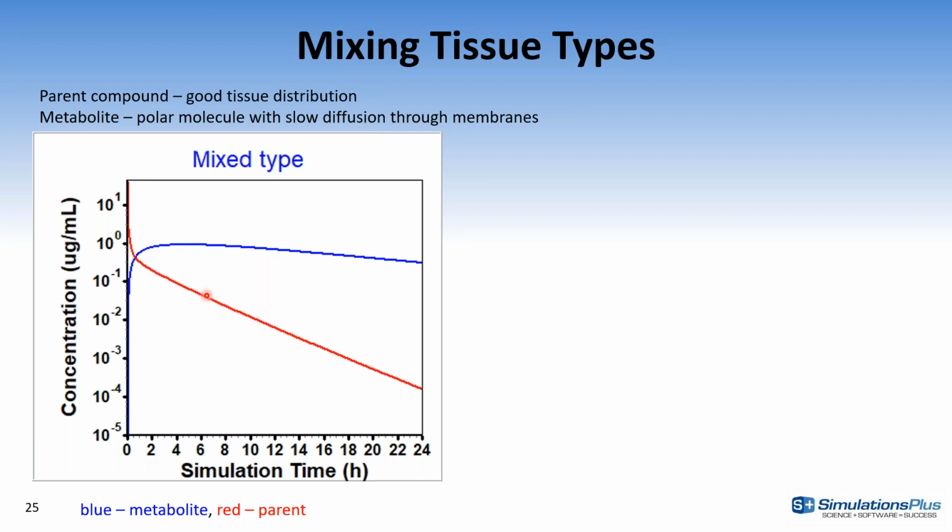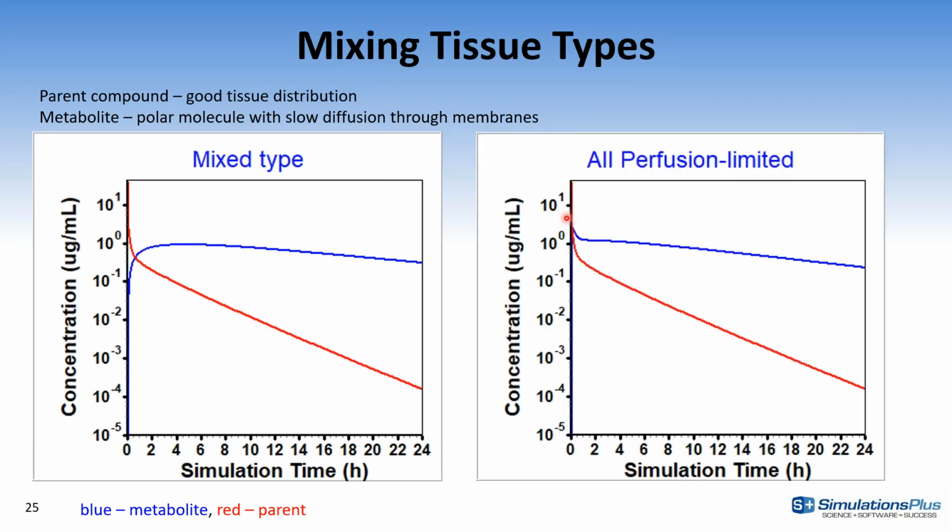But the metabolite, because of its polar nature, would require a permeability limitation. And if you started the model development with the parent compound, sorting out that model and then linking the metabolite, very frequently you would end up with something like this, because your metabolite would be using the perfusion limited tissues as well.